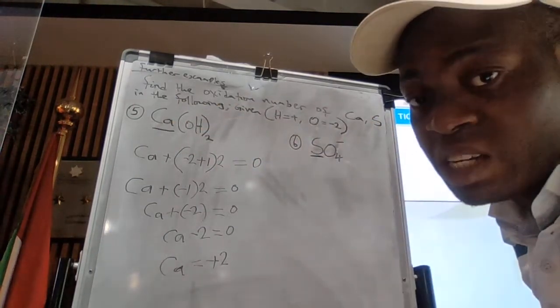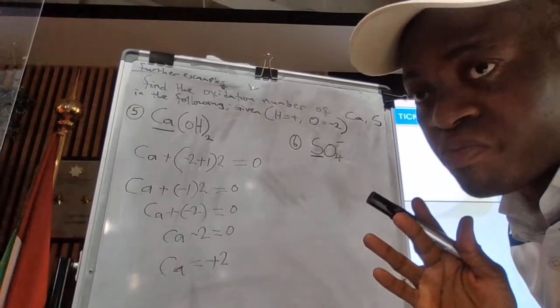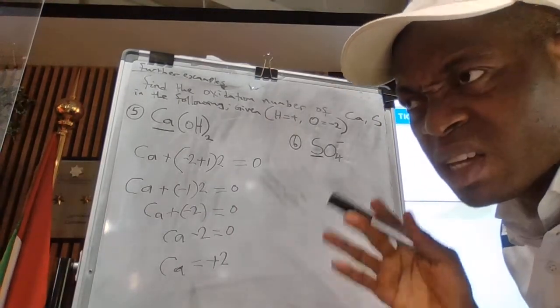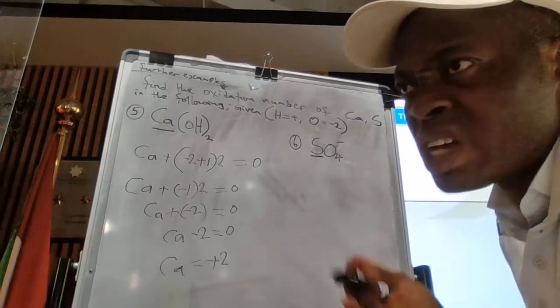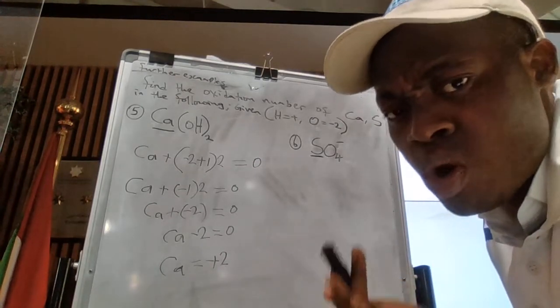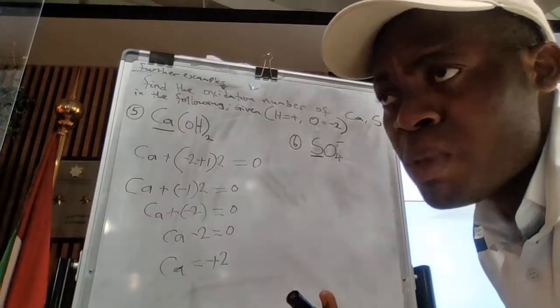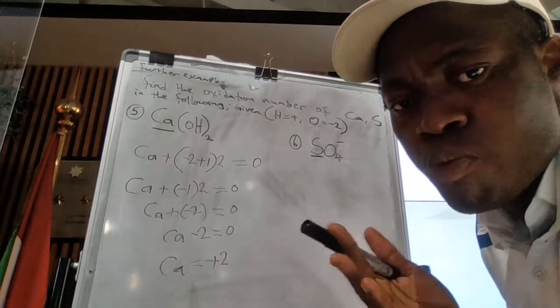And I told you earlier that metals in group 1, 2, 3 have stable oxidation state. So that is why it's easy for students to know the oxidation number of elements in group 1, 2, 3.